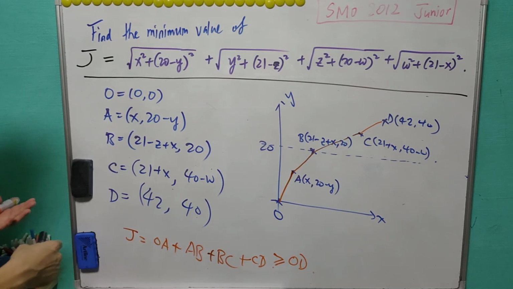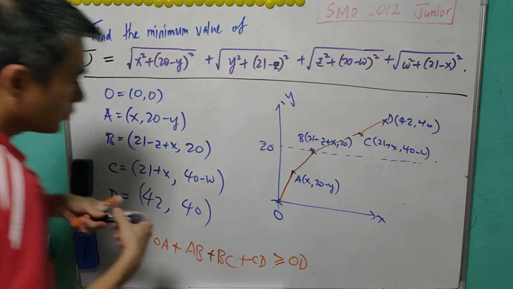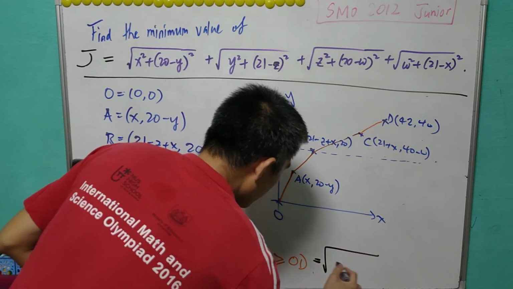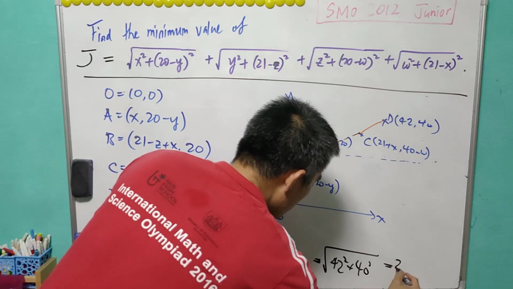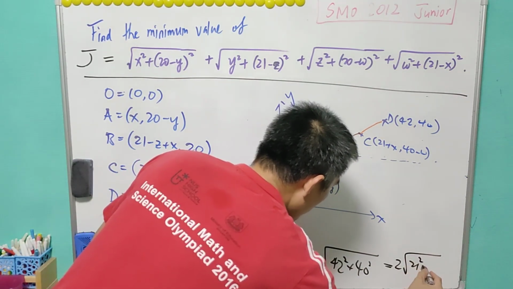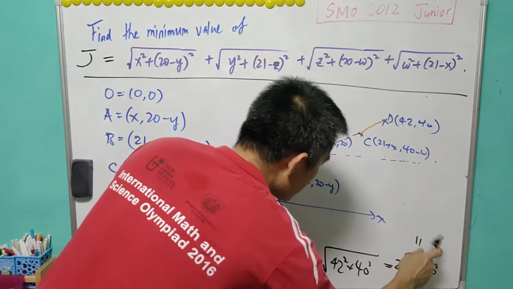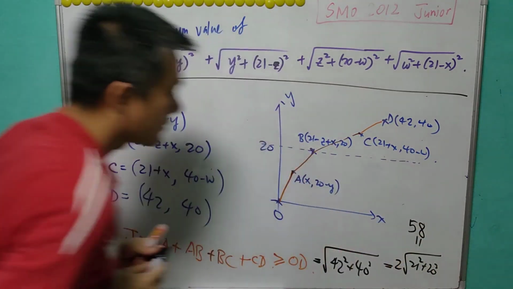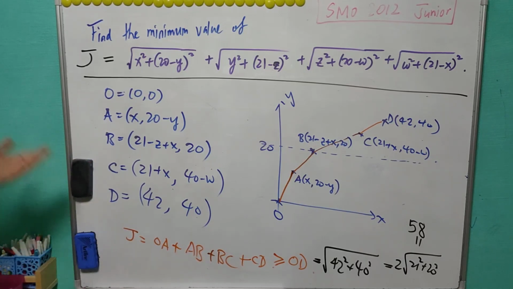And what is OD? OD, that is obvious. It is equal to the square root of 42 squared plus 40 squared. And that is 2 of 21 squared and 20 squared. And we already know that this is 29, so this is 58. There are many different values of x, y, z, and w such that the equality holds.